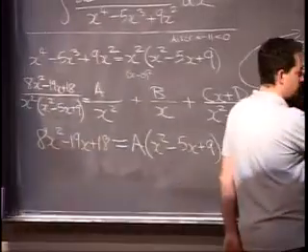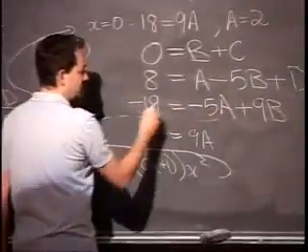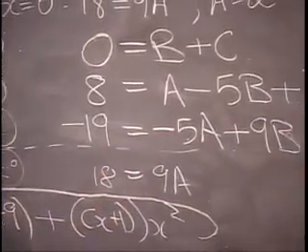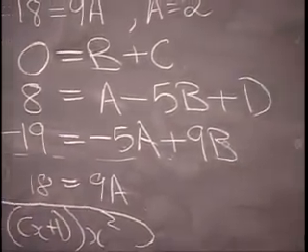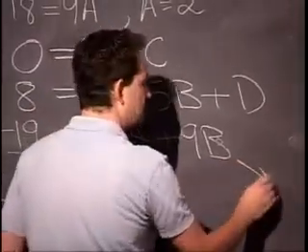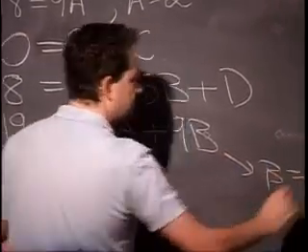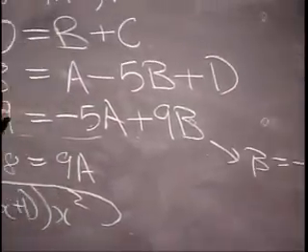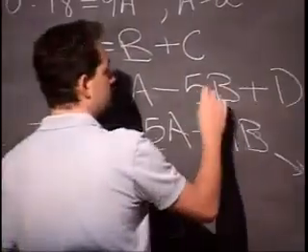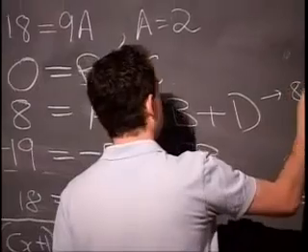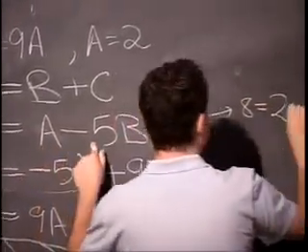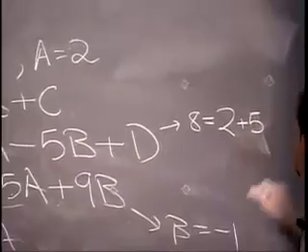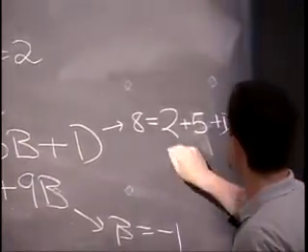We know a equals 2, so if you plug that in, you get negative 19 is negative 10 plus 9b. So 9b is minus 9, and this works out as b equals minus 1. And then if you plug that in here, we'll get 8 equals, a is 2, b is minus 1, so you get 5 plus d, and we find that d equals 1.